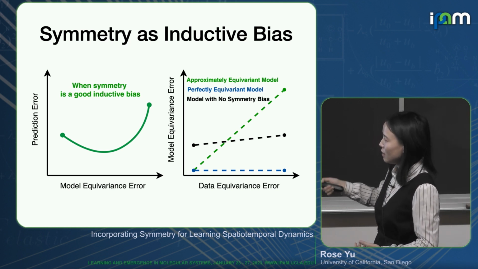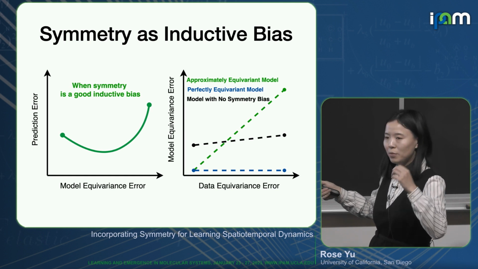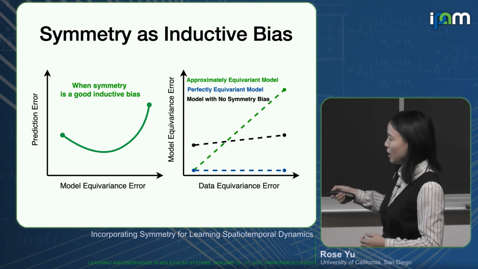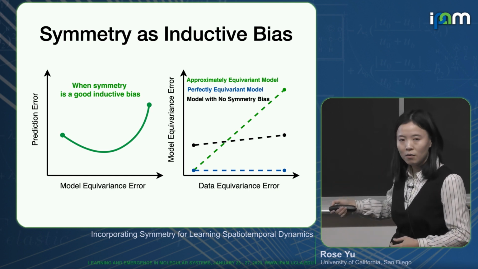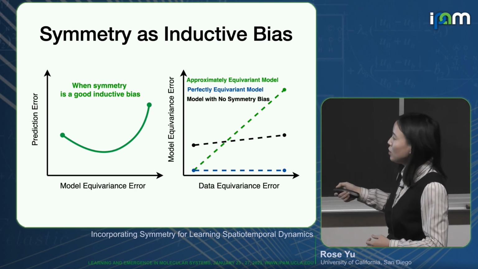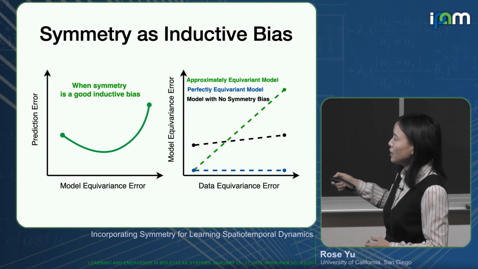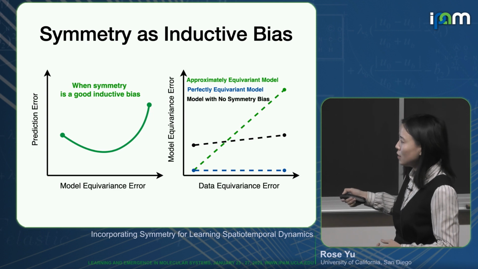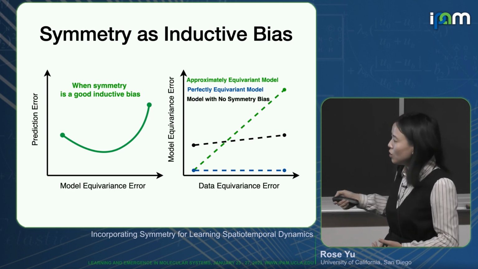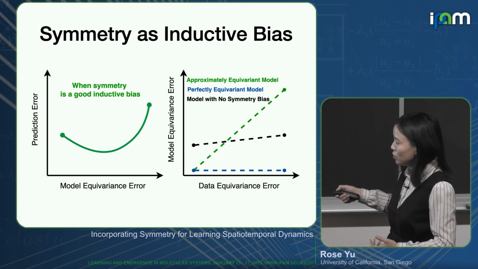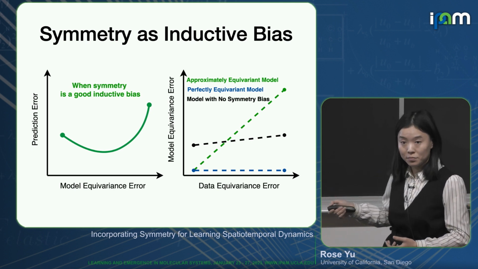Here we're looking at model equivariance error, which is how much symmetry is in the model, and here how much symmetry is in the data. Naturally, for a perfectly equivariant model, its symmetry doesn't change, so it doesn't matter how much symmetry we have in the data, the performance is probably always the same.